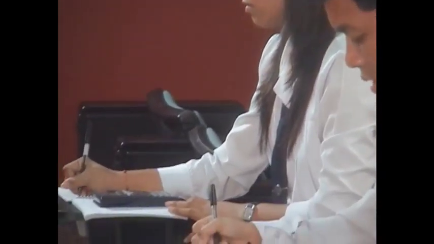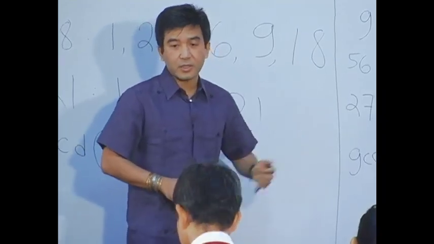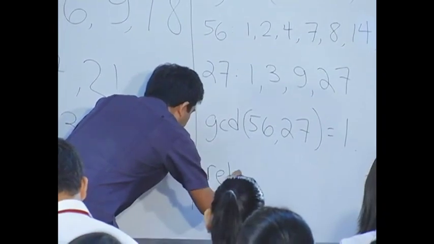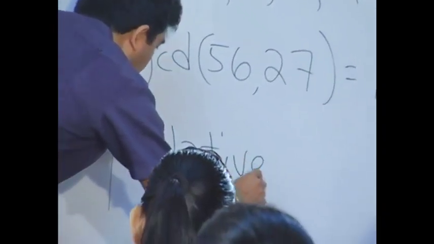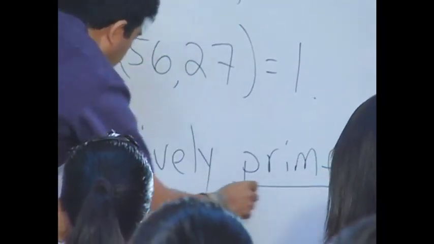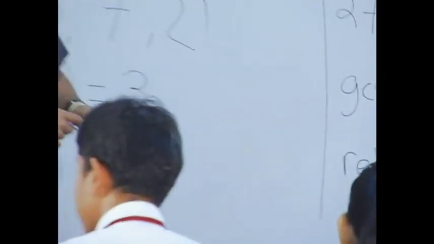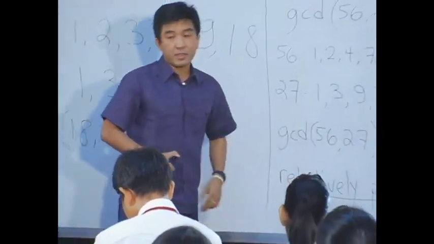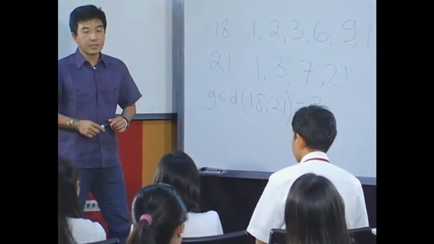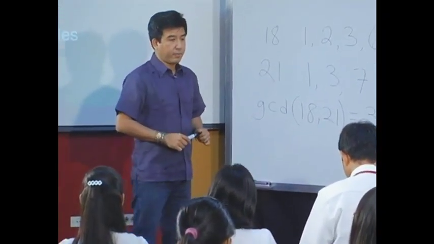But whenever there's no other common factor other than 1, then we say that those two integers are relatively prime. So I'll just write down the word relatively prime. So 56 and 27 are relatively prime. However, 18 and 21 are not relatively prime.